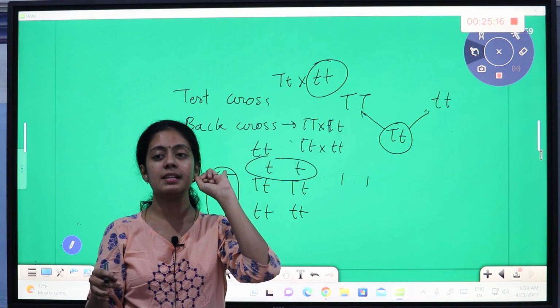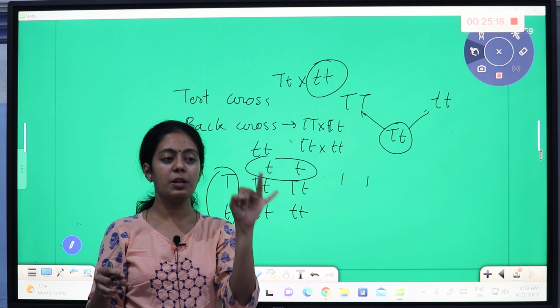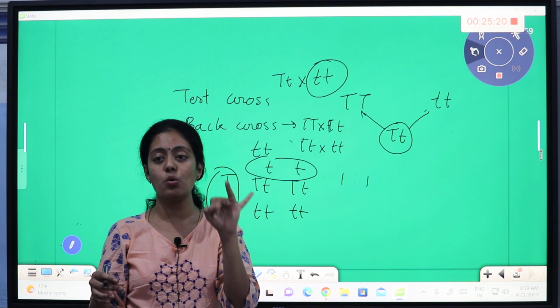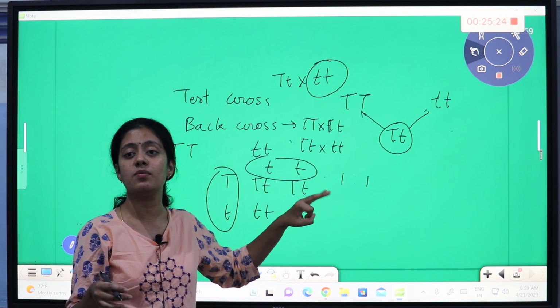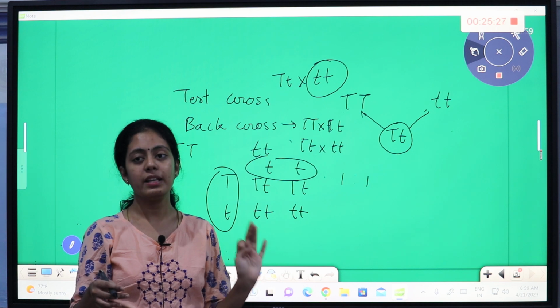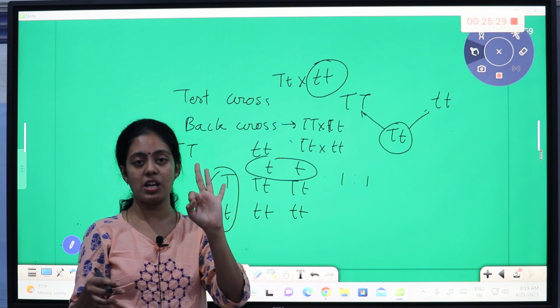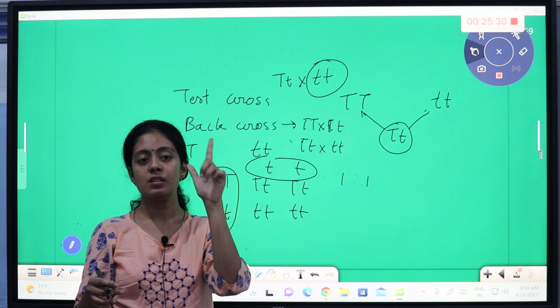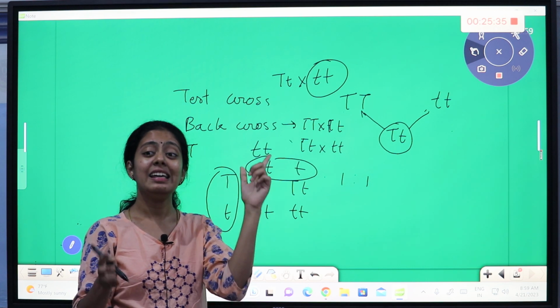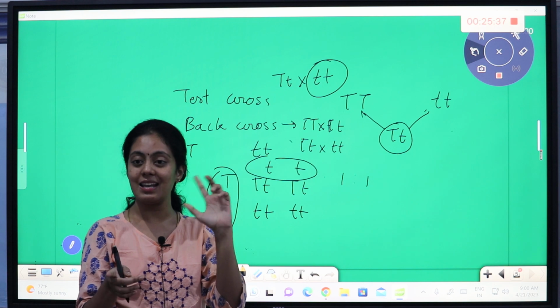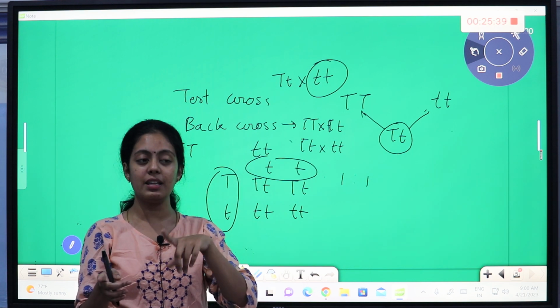Phenotypic ratio is 3:1. Genotypic ratio is 1:2:1. Okay, and then your test cross ratio is 1:1. Okay, three important questions which can be asked. What is back cross? What is test cross? Back cross is the cross between the F1 and either of the parents. I hope all of you understand, either the dominant or the recessive.